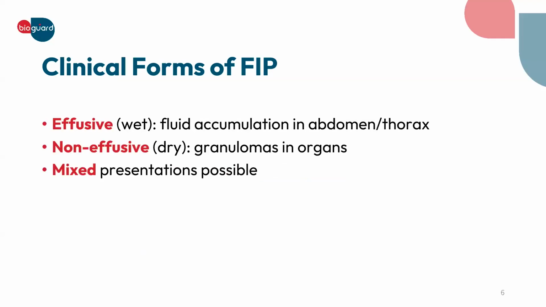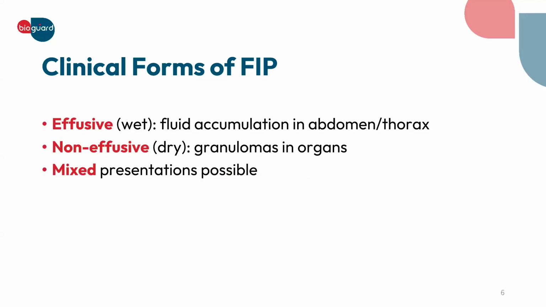Okay, so while the infection of FIPV is occurring in the body, FIPV can cause infection in various forms. One form is the clinical form known as effusive, which is also known as the wet form, where fluid accumulates in the abdominal area of the cat.